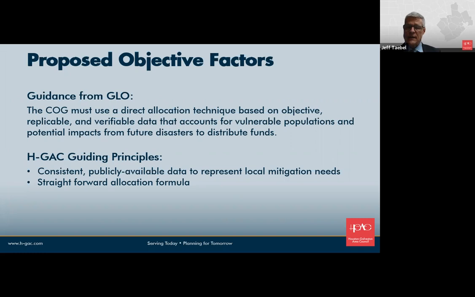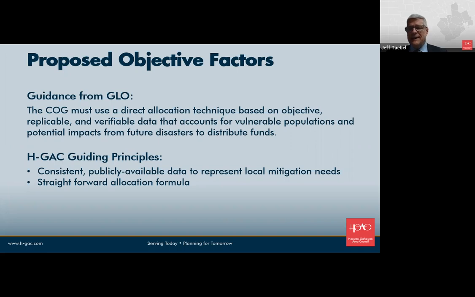So we are not involved in selecting projects individually. The GLO requires us to have a formula, basically, that is an indicator of those mitigation needs. They want to make sure that it's an allocation technique that's based on objective, replicable, and verifiable data that accounts for vulnerable populations and potential impacts from future disasters.